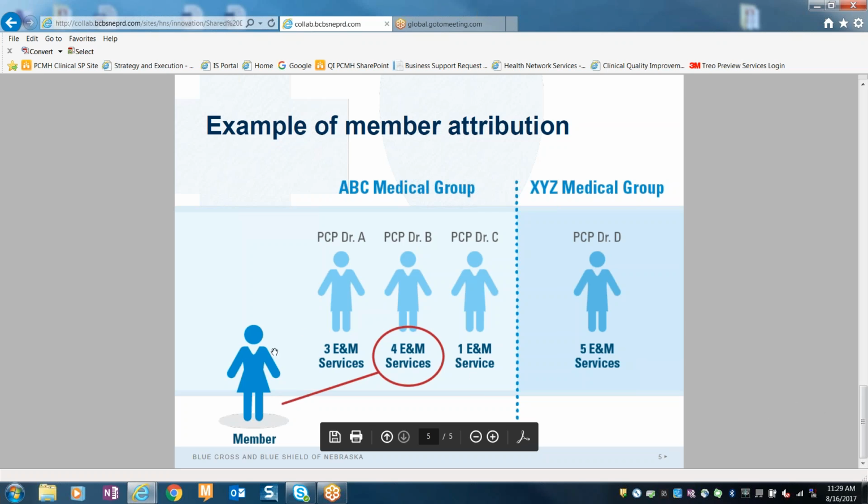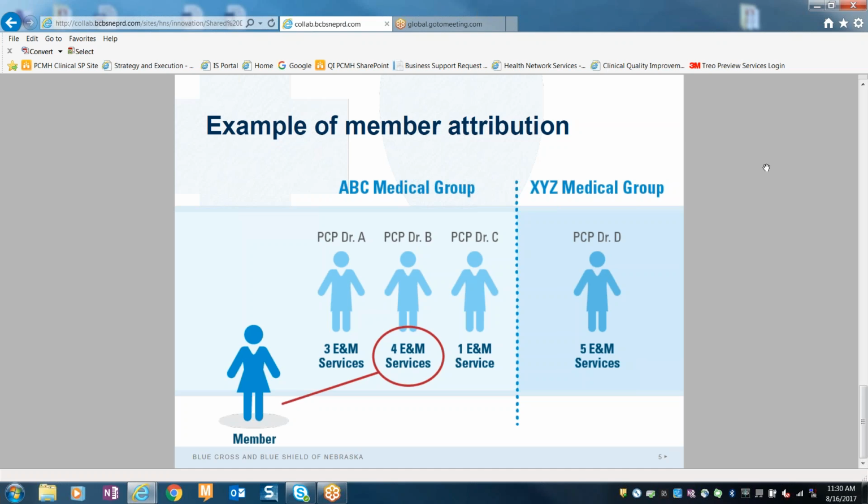So the following month, this member would then be attributed to this physician within this XYZ Medical Group, and that member's information would no longer show up under the ABC Medical Group. So that's why you can go into the dashboard sometimes and see a patient that's attributed to your organization, and then you go in the next month and you can't find that member. Well, it's either based on historical utilization that member is no longer attributed to your organization, they're attributed somewhere else.